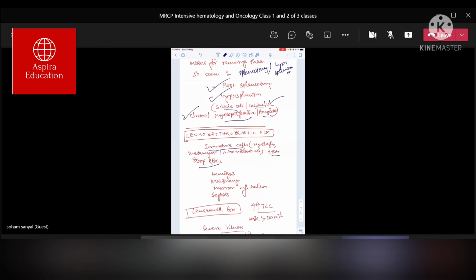We can find a leukoerythroblastic film in massive hemolysis, massive blood transfusion, malignancy, marrow infiltration, and severe sepsis. So these are the places where we can find a leukoerythroblastic film.